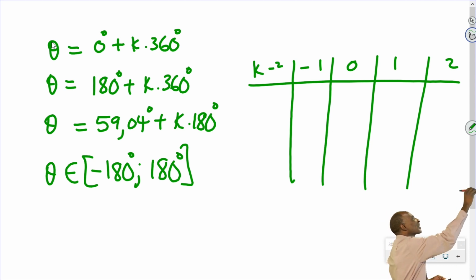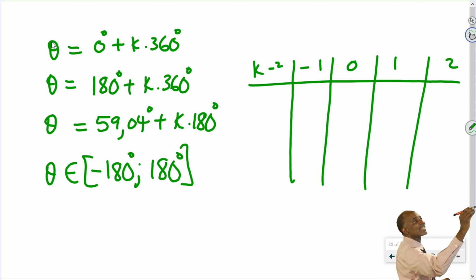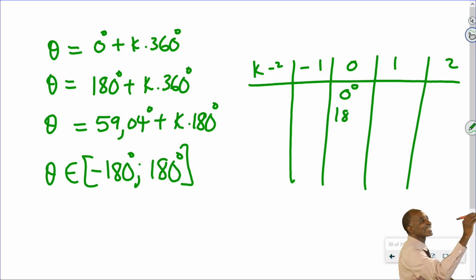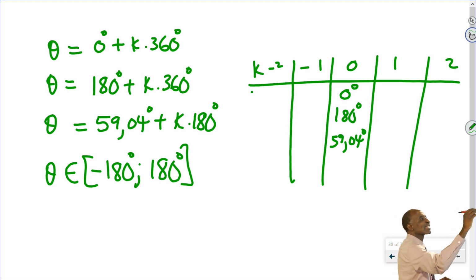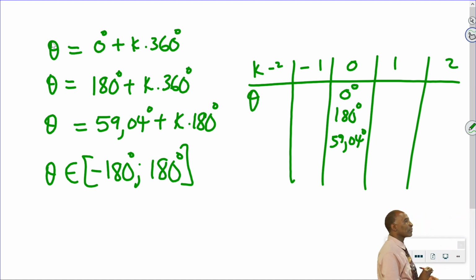When k is 0 on the first one, this gives us 0 degrees. When k is 0 on this one, it gives us 180 degrees. When k is 0 on the last one, it gives us 59.04. So you substitute 0 in each one of them. This is your theta in each one of them.